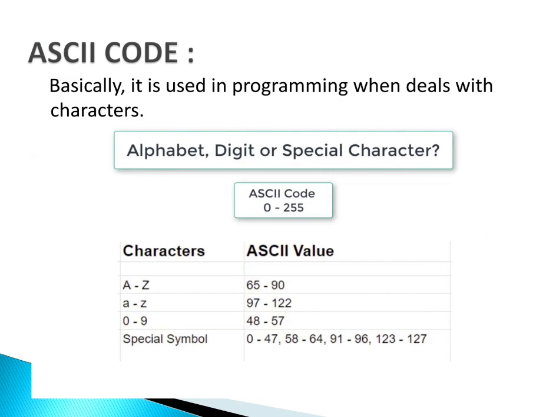You have to remember starting value and the ending value, means 97 and 122 you have to remember. And one more thing I want to tell you, that the difference between capital A and small a is 32. You have to remember that.